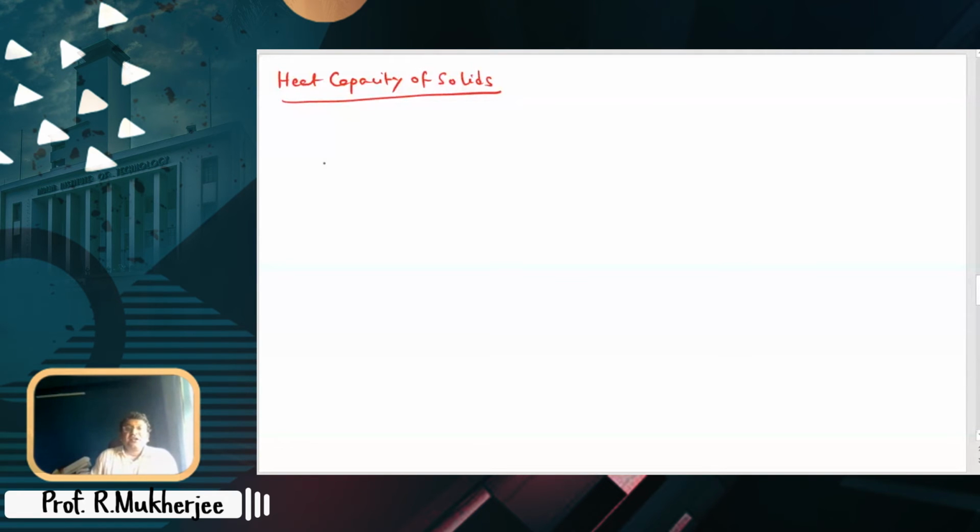So heat capacity of solids, you have something called the Petit and Dulong law, which essentially says that, I'm sorry about it, this one sentence you may want to copy or see from the video or just read your book.